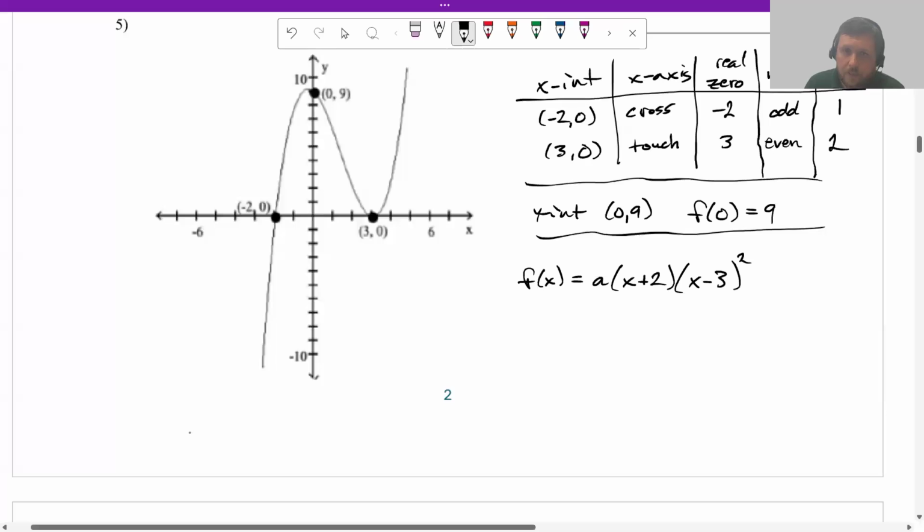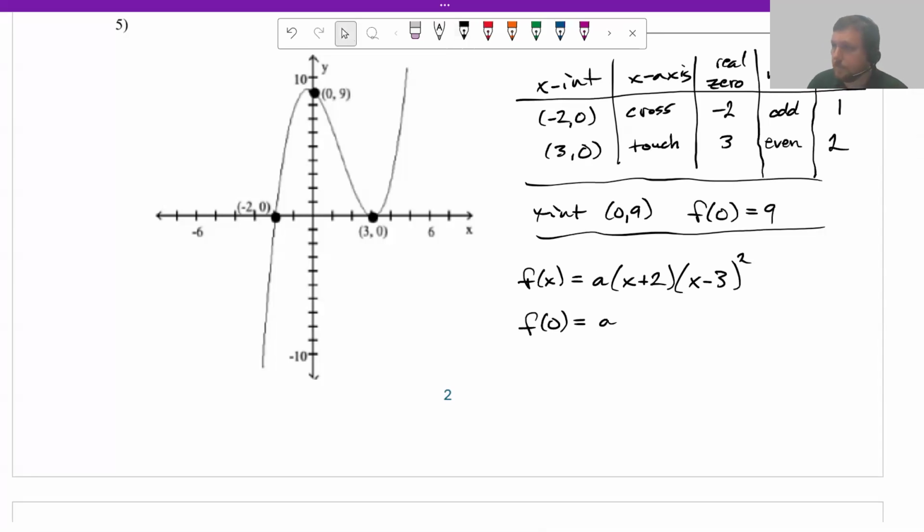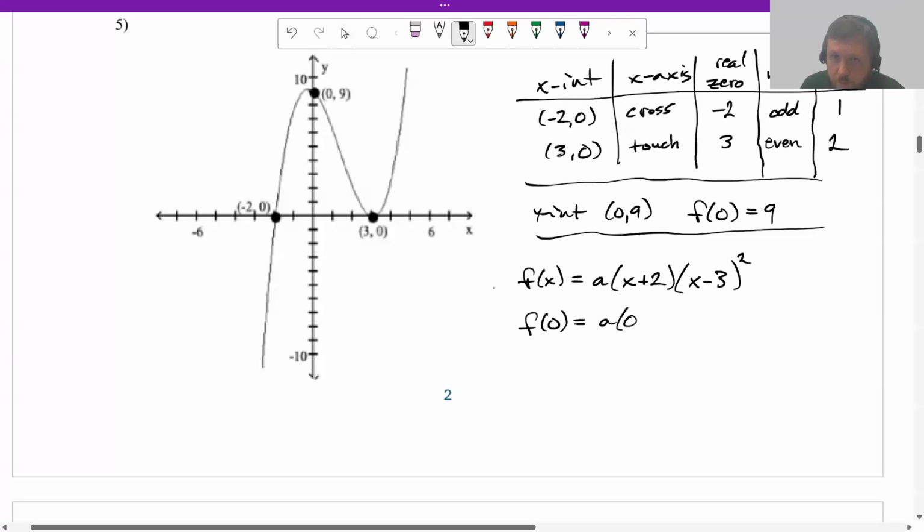Now we also need to take advantage of the fact that f of 0 should be equal to itself. So we're going to compute f of 0 in another way. So I plug in 0 for x.